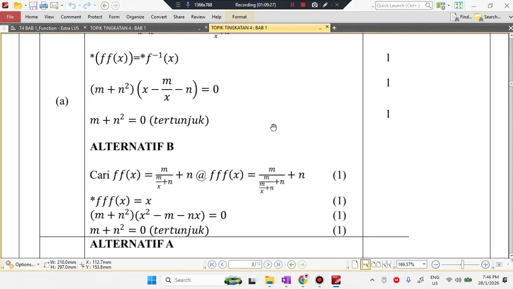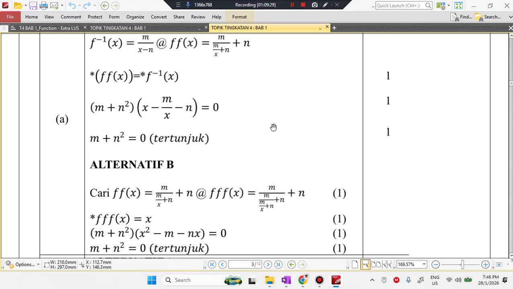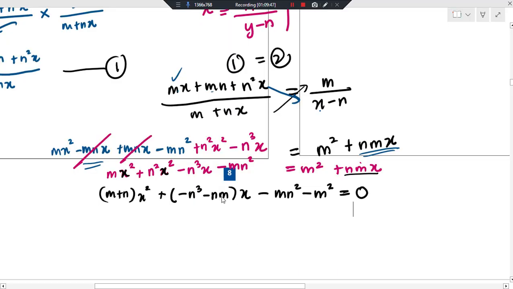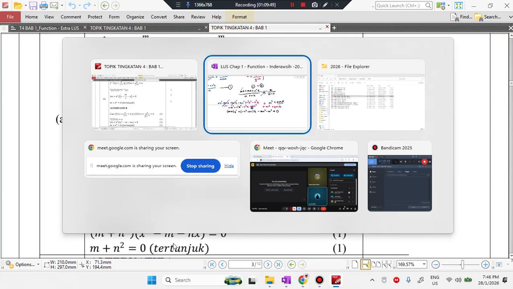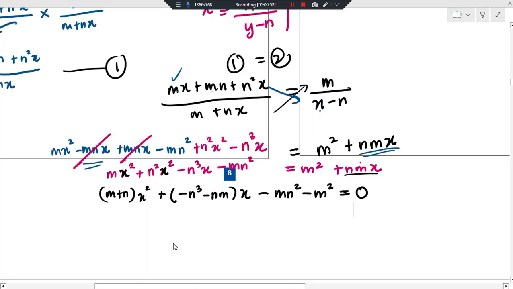M plus N square X square minus M. Okay, soalan ni tinggal di sini dulu. Tinggal dulu yang ni. Jadi cikgu nak buat video nanti. Okay? That is extremely hard question, okay? Wait, yang tu tinggal dulu. Nanti saya buat video dulu. To explain the thing.